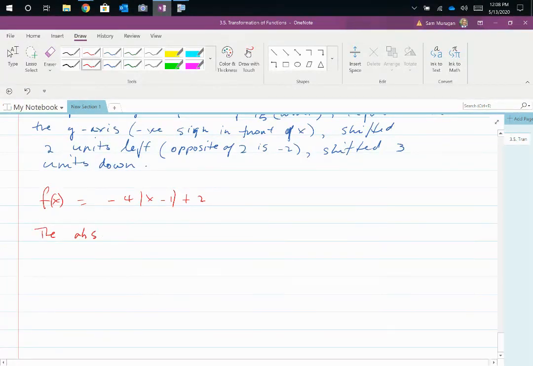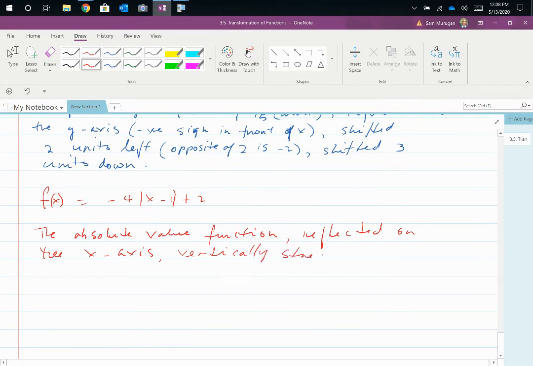This is the absolute value function. It's a negative sign in front, so reflected on the x-axis, then it's vertically stretched, okay, by a factor of 4, so it's narrower than -1, shifted 1 unit.